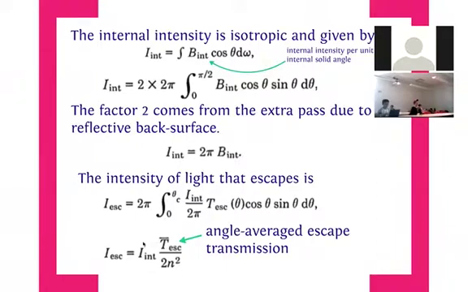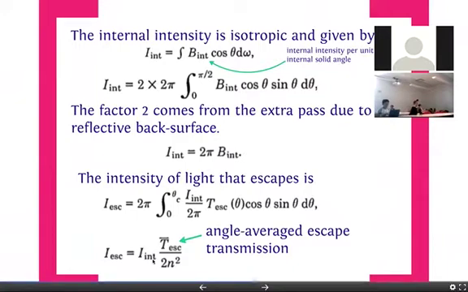That can be written as the internal intensity multiplied by some probability, averaged over all the angles within the escape cone, that it will escape, which will roughly become 1, as we'll see later, divided by 2n squared.